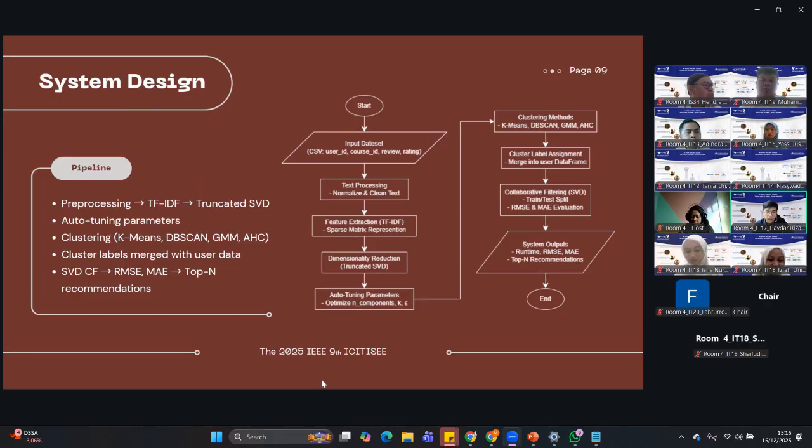Cluster labels are merged back into the user data and used to train cluster-specific SVD models for rating prediction. Finally, we produce evaluation metrics such as root mean squared error and mean absolute error, and we also generate top-N recommendations.